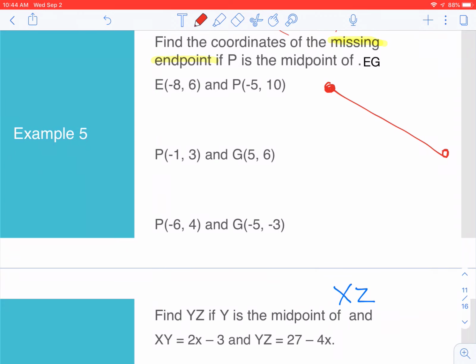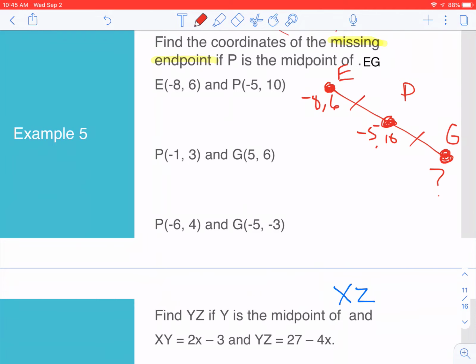Here's my line, here's my midpoint, here's my two congruent segments. I have E, P, G here, I'm just making this up. P is the midpoint. I have E, which is negative 8, 6. I have P, which is negative 5, 10, but I don't have G.